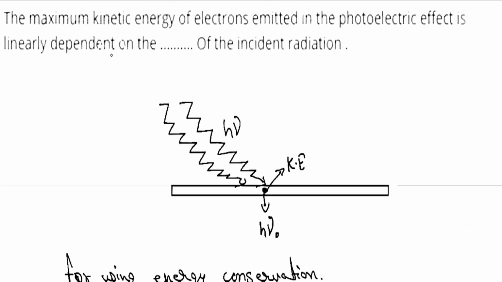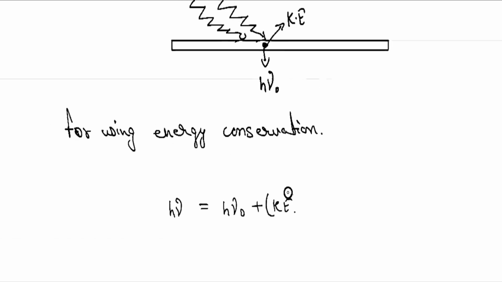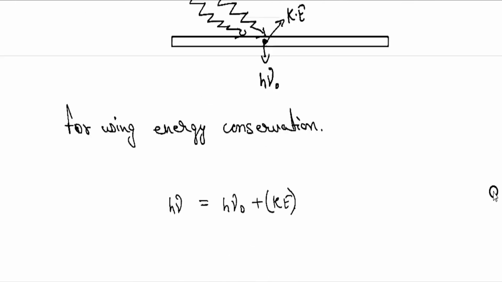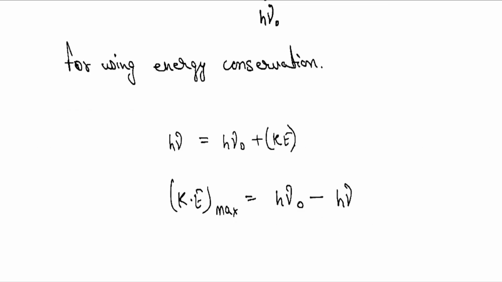So in the question, the maximum kinetic energy of electrons emitted in the photoelectric effect depends on what? The maximum kinetic energy depends on the frequency of the incident radiation, since h nu naught is very low, so we will not consider the threshold.